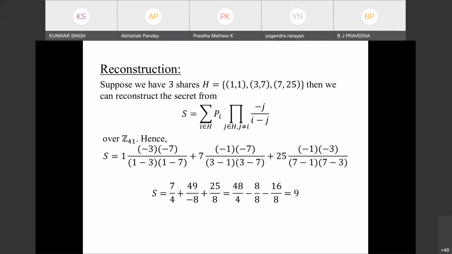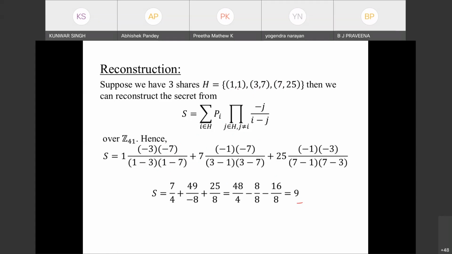So the secret formula will be there. You just take 3 shares, 1, 3, 7, and apply the formula here. For share 1, with j being the other values, you take minus 3 and minus 7 on top, and on the bottom, 1 minus 3 and 1 minus 7.